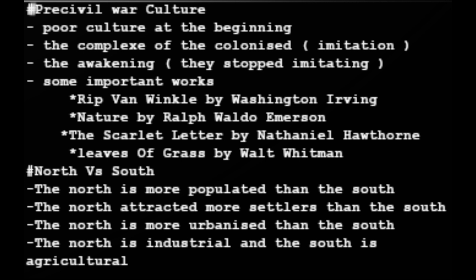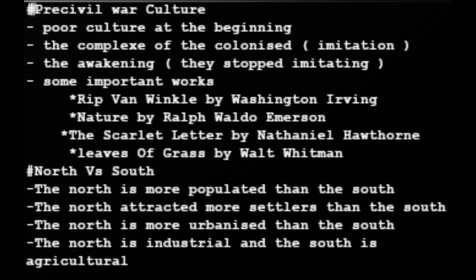But then they developed a certain kind of consciousness which resulted in American literature and art. So they started to think that they should have their own things instead of imitating British people. I'm going to cite four examples of works that show they started to think about American things and were separated from the British way of doing.